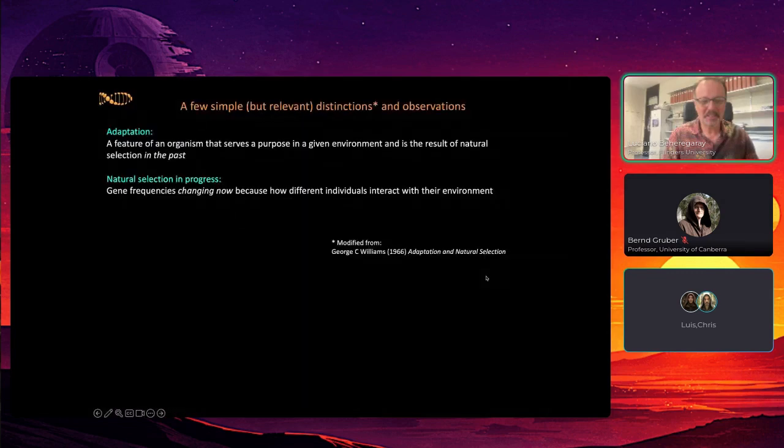And start with some very simple, but I believe relevant distinctions and some personal observations. To begin with, I think it's important to define adaptation, so we are all speaking the same language during this session. An adaptation is a feature of an organism that serves a purpose in one particular environmental context. And that feature, it could be a trait, if you wish, is the result of natural selection in the past.